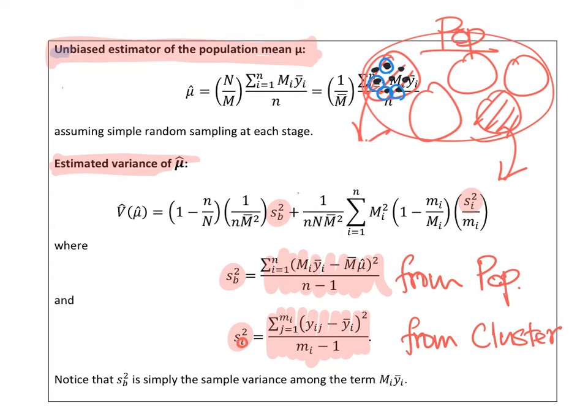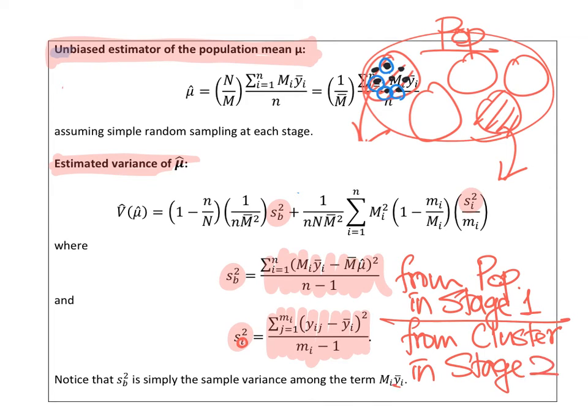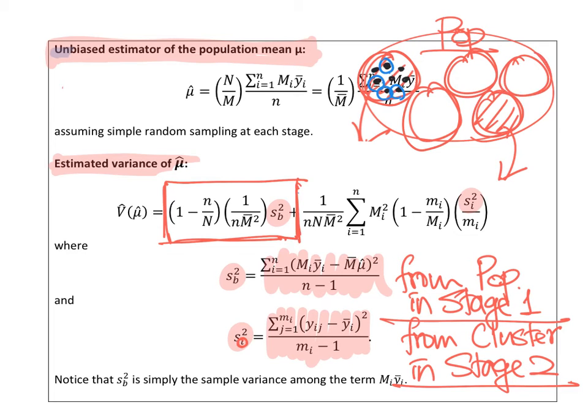Stage number 1 and stage number 2. Okay, so yeah, it is similar to the variance when we discussed in chapter 8. Because it is raised from the stage number 1 when we select some clusters, and this one is the additional one.